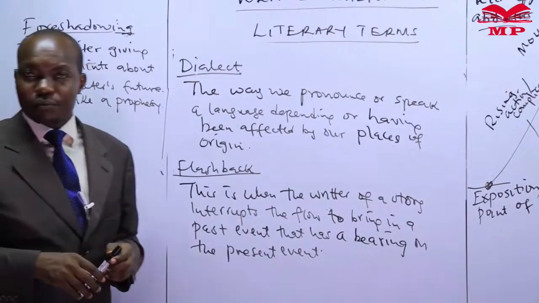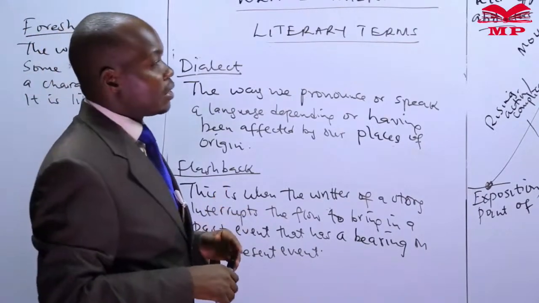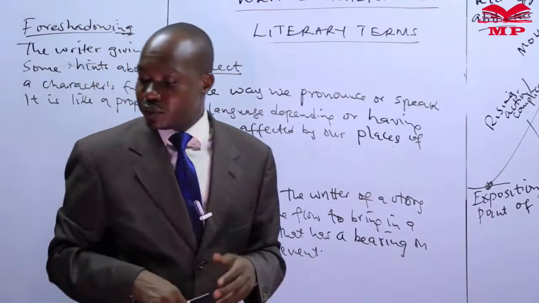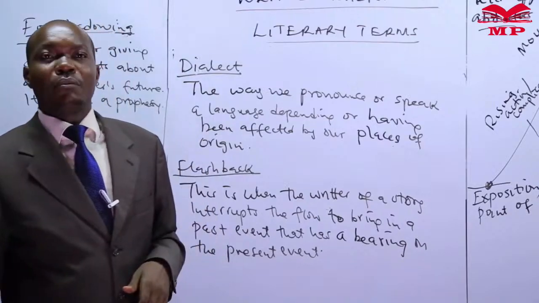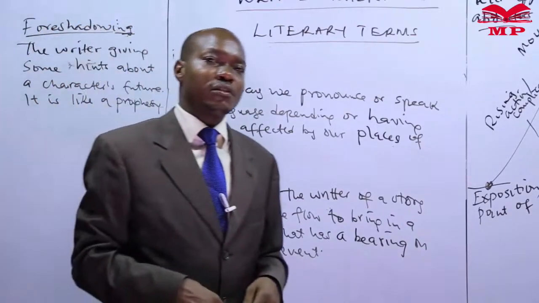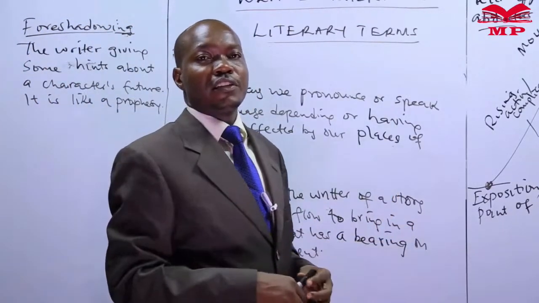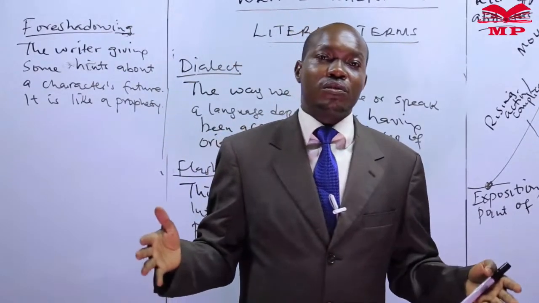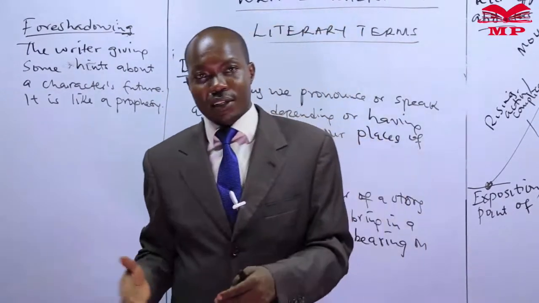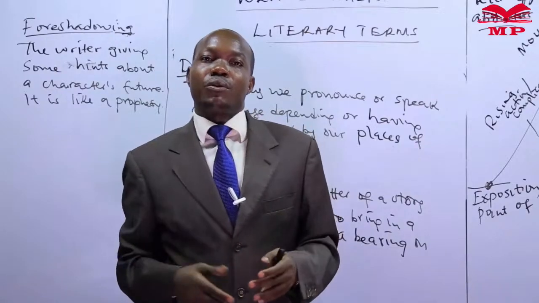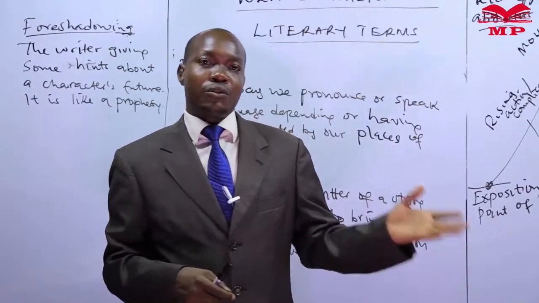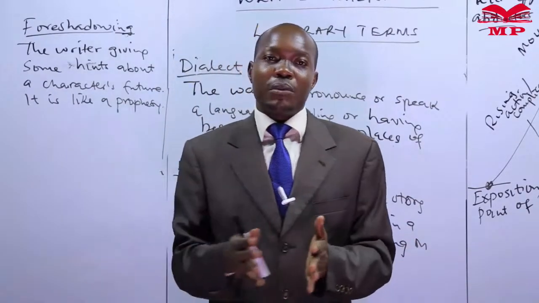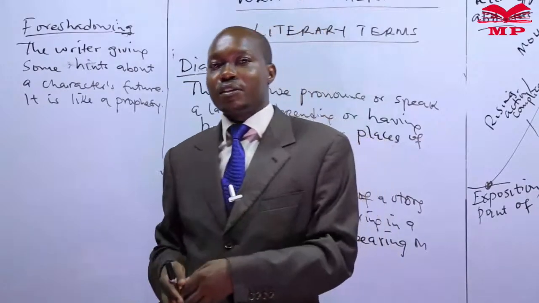So students, before we end the lesson, I want to give a recap of what you have learned today. We began by looking at conflict, a disagreement. There are four types of conflicts. There is person against person, meaning characters disagreeing.